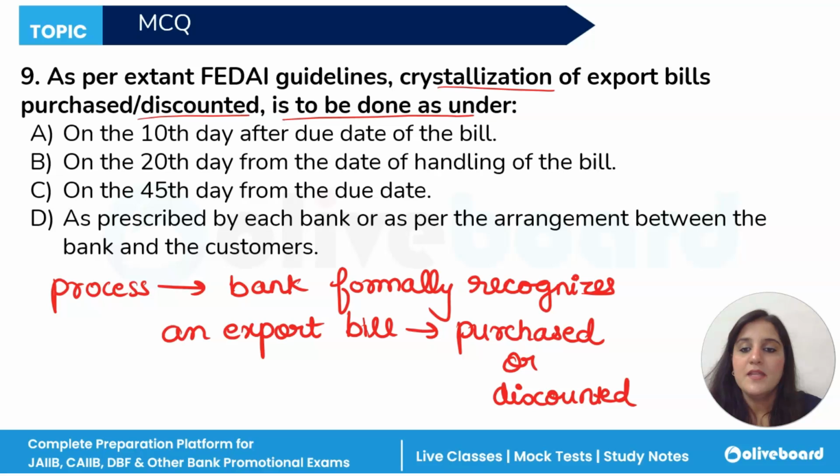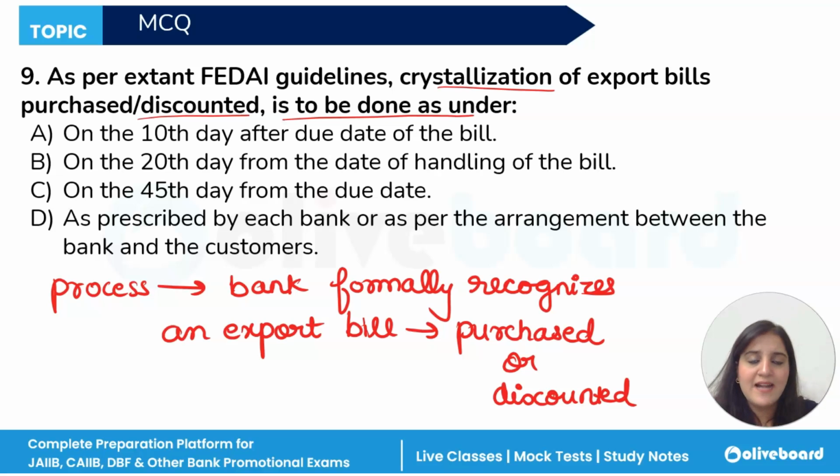This means the bank converts it into a formal loan or liability on its books, which allows it to take appropriate actions like seeking payment from the exporter or handling any defaults.